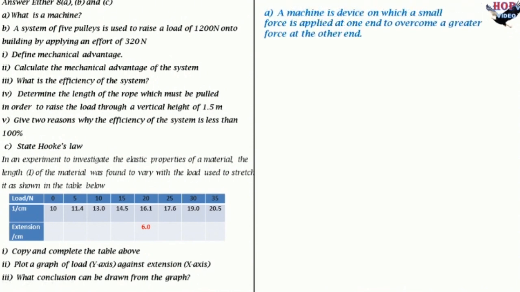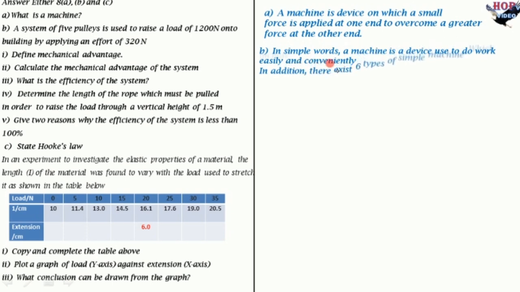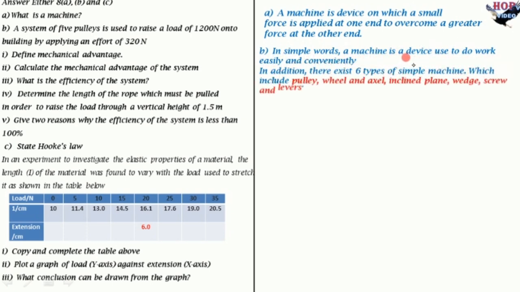A machine is a device on which a small force is applied at one end to overcome a greater force at the other end. In simple words, a machine is a device used to do work easily and conveniently.